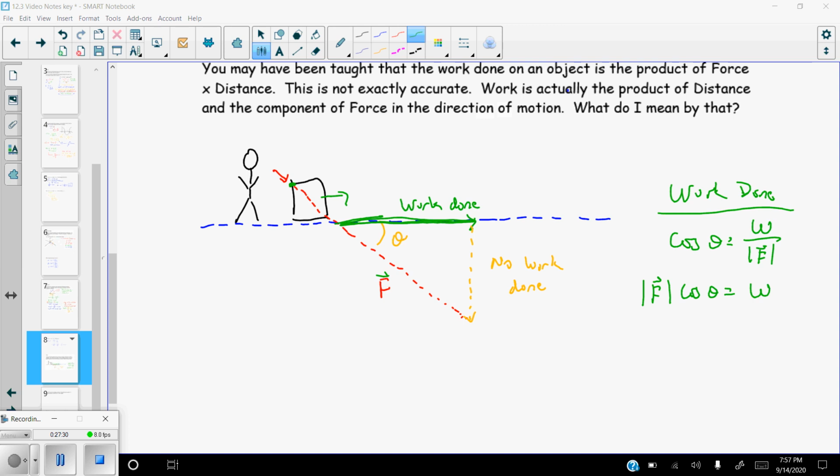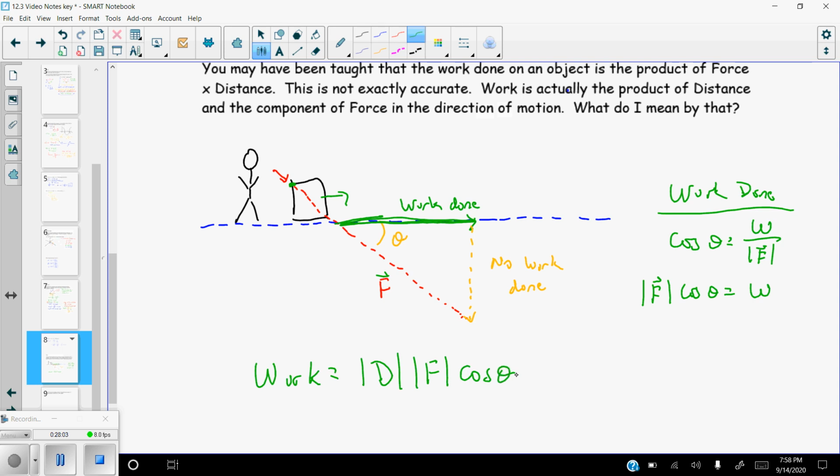But ultimately, what that gives us is this: the work done is going to be the magnitude of the distance times the magnitude of the force times the cosine of theta. And that's because the magnitude of the distance is the top part, the magnitude of the force is the bottom, or the hypotenuse, and then cosine of theta is the angle in between those.